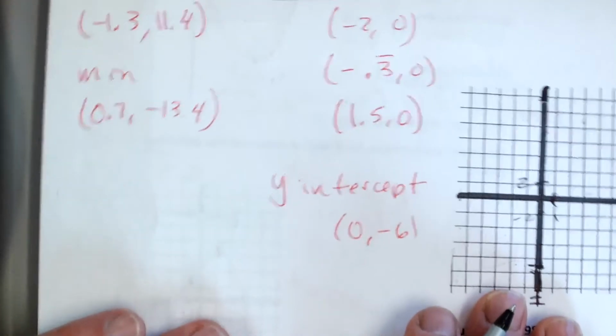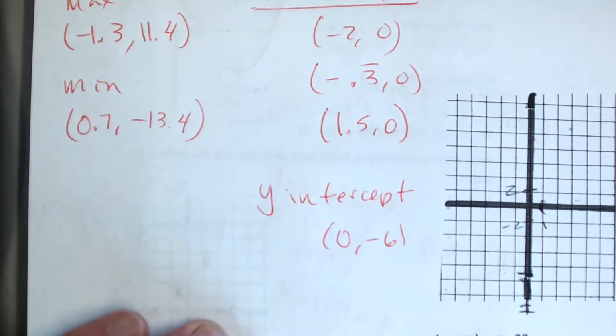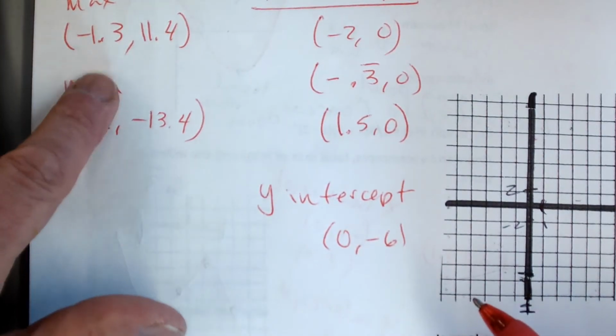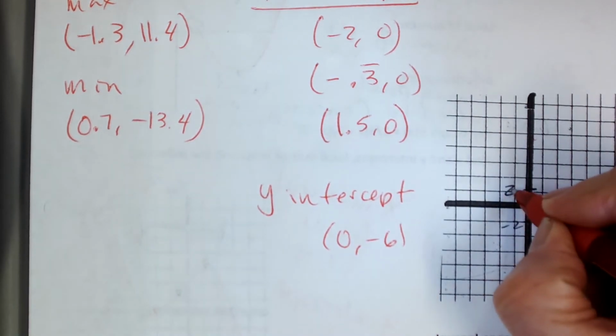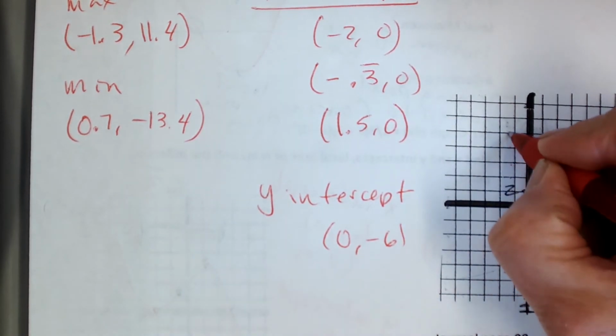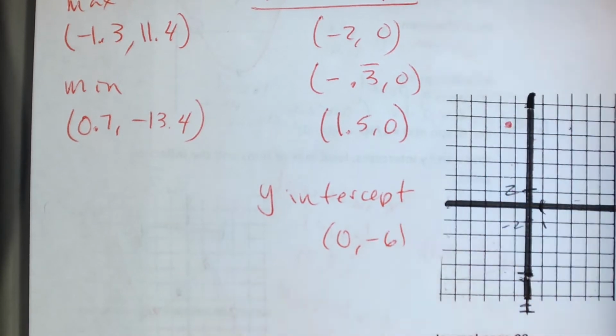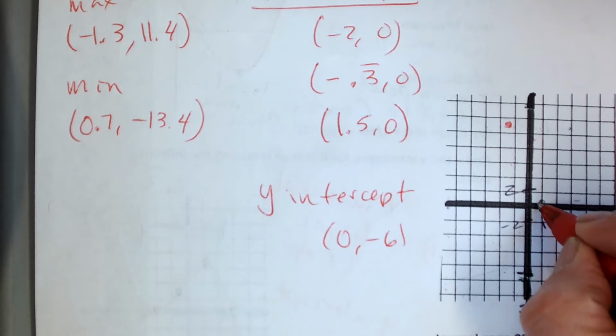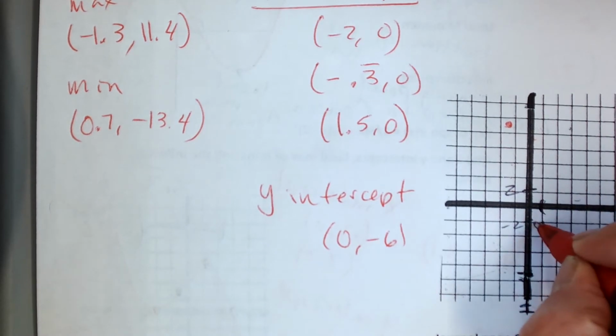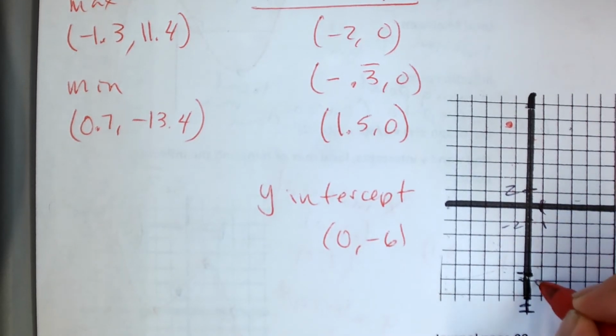All right, so let's see if I can graph this. So first, negative 1.3 and 11.4. Negative 1.3 is about there, and 2, 4, 6, 8, 10, 11 is about there. Just close enough, right? There's my max. Min is about 0.7, negative 13.4.